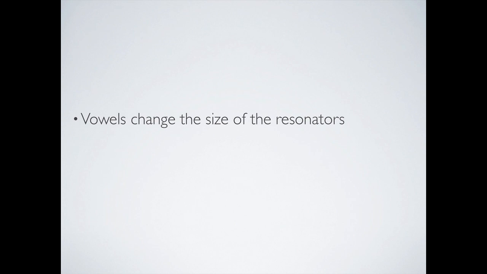If I say "ah," I feel my larynx in one position. If I say "ee," it's in another. It actually needs to drop for the "ah." So I really can't make an "ah" sound on a high larynx, and I can't make a proper "ee" sound on a low larynx.